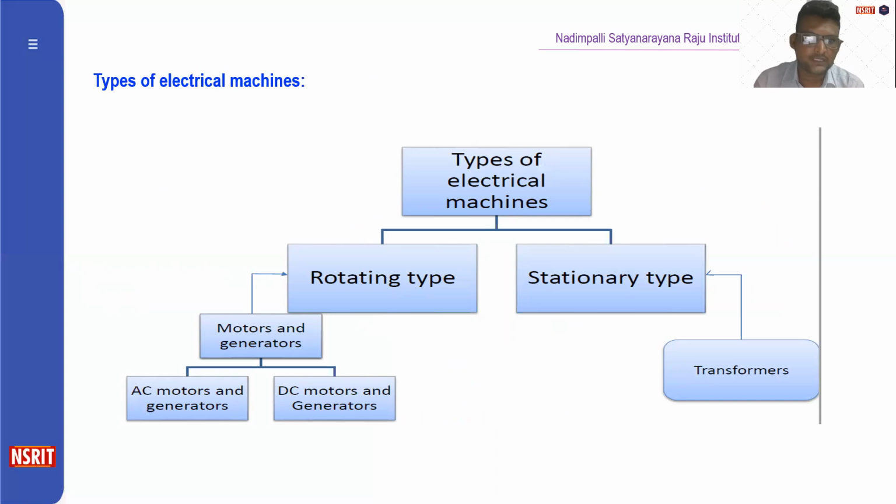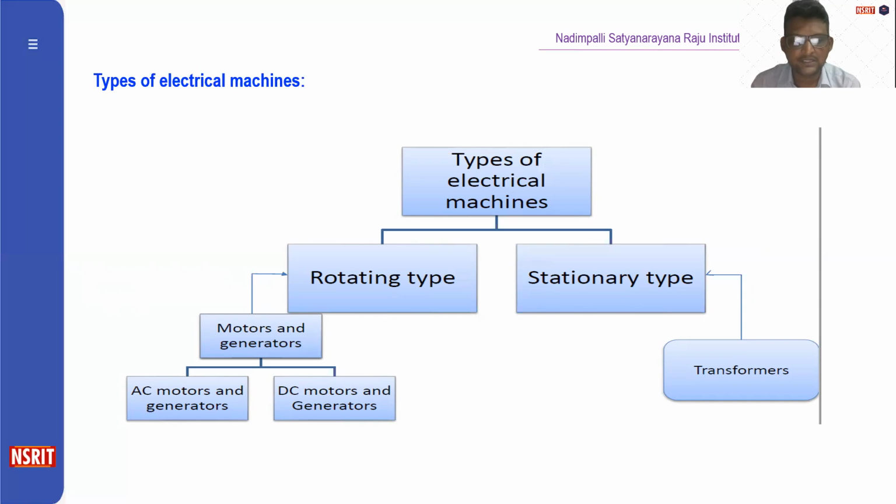What are the types of electrical machines? We have two types of electrical machines, rotating machines and stationary machines. Coming to the rotating machines, motors and generators are the rotating machines. And again, they are divided into two types, AC motors, generators, and DC motors, generators.